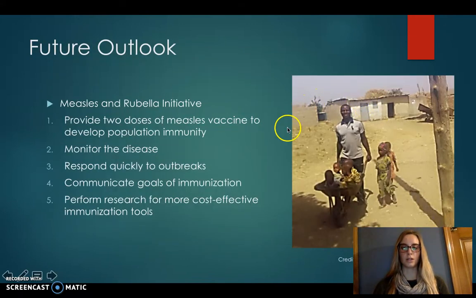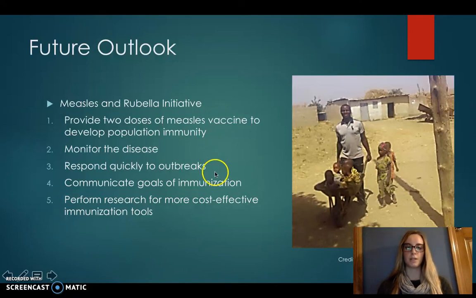So future outlook of preventing measles takes place with the Measles Rubella Initiative, which is a joint effort of the American Red Cross, the CDC, the United Nations Children's Fund, the United Nations Foundation, and the World Health Association. It has 5 steps of preventing measles and for hopeful eradication by 2020.